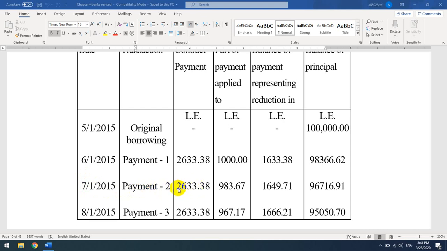By the end of June and on the first day of July, the second payment will be made, which equals 2,633.38. What is the amount of interest on this amount? We have to calculate the interest on the balance. The balance during June will be 98,366, and the interest rate will be 12%.